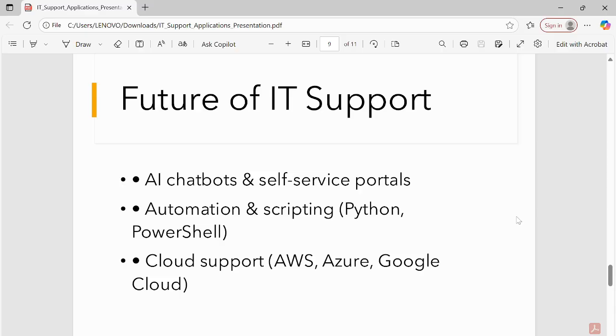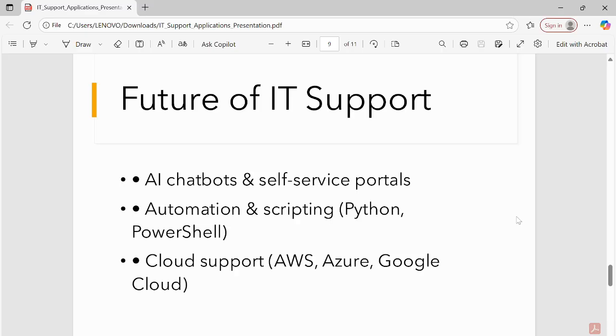You can see the future of IT support is AI chatbots and self-service portals. AI chatbots will automatically listen to the issue of the users and resolve it accordingly. Automation and scripting, Python and PowerShell: AI will automatically write the script and automate it, and then that issue will be resolved.